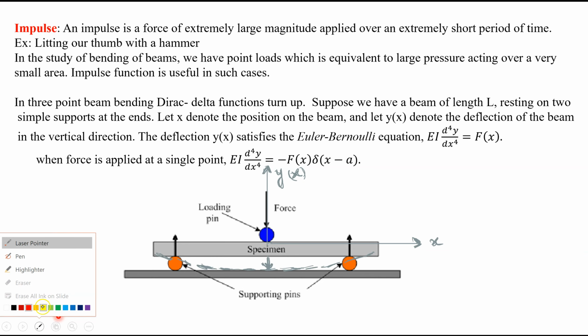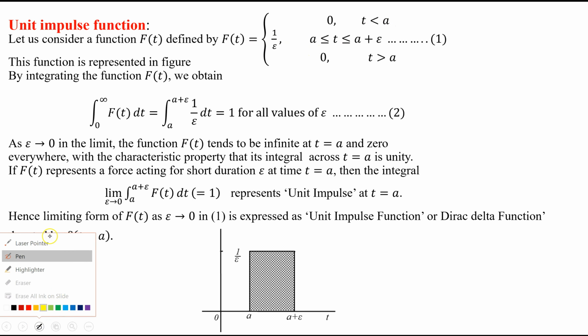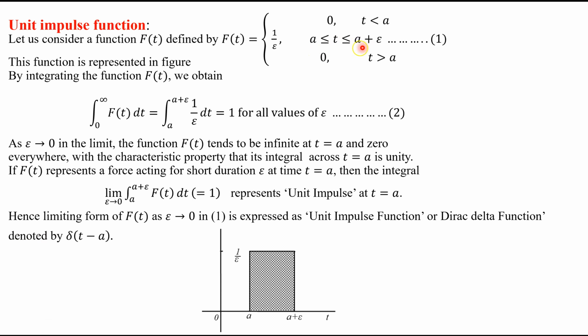Now let us define this unit impulse function mathematically. Consider a function F of t, which is defined as 0 when t is less than a, equal to 1 upon epsilon when a is less than or equal to t, and t is less than or equal to a plus epsilon, and again 0 when t is greater than a plus epsilon.